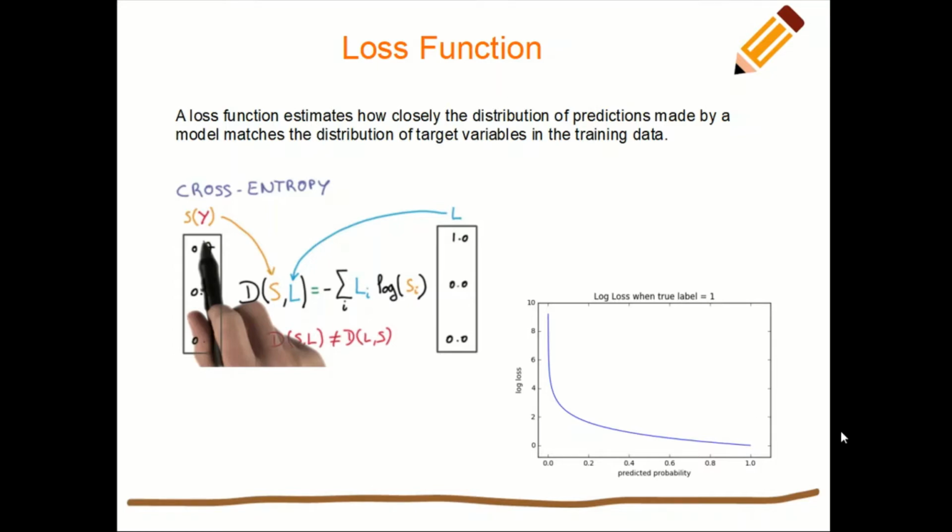One characteristic of the log loss is that when the predicted probability of the true label is close to the true label, the loss is less, and if the predicted probability for the true label is low, the loss is going to increase exponentially.